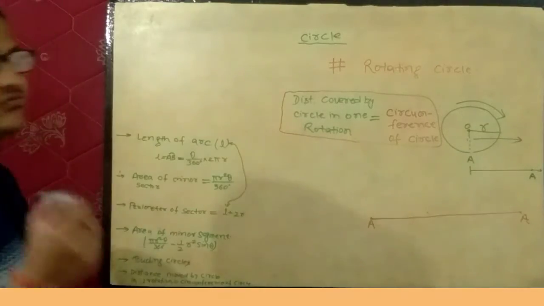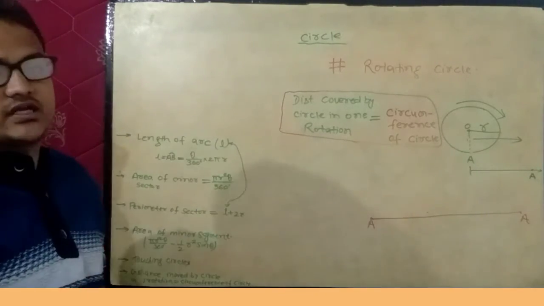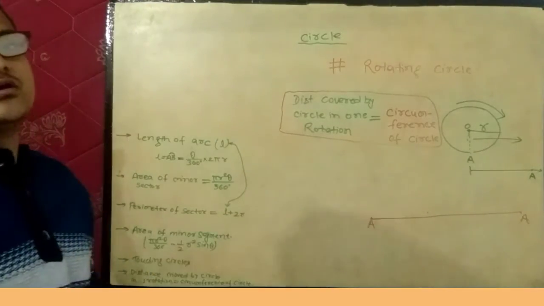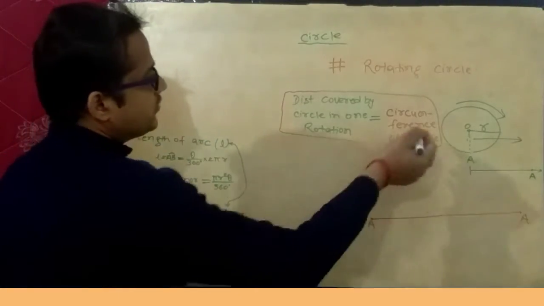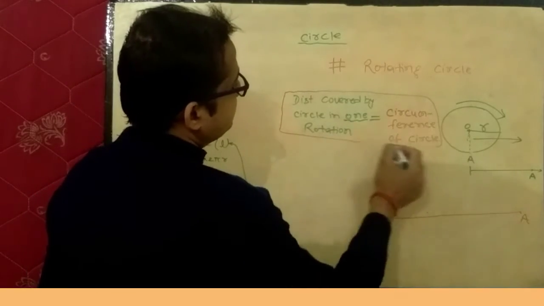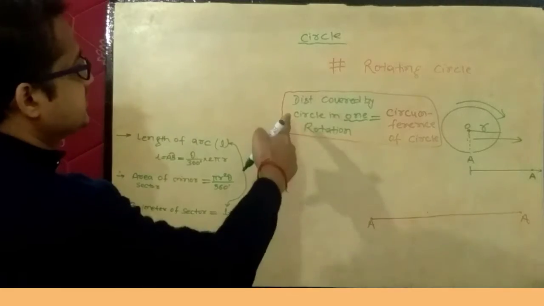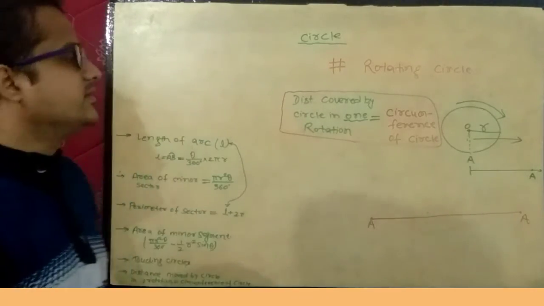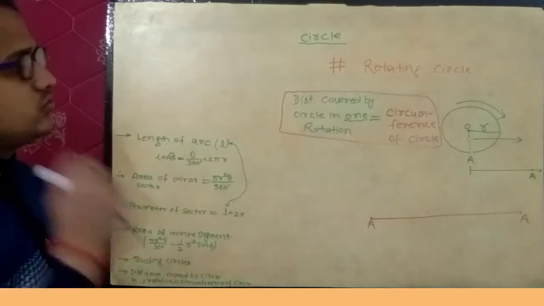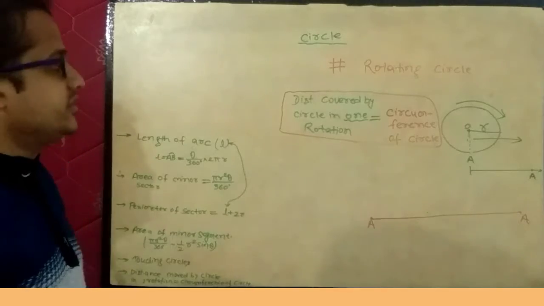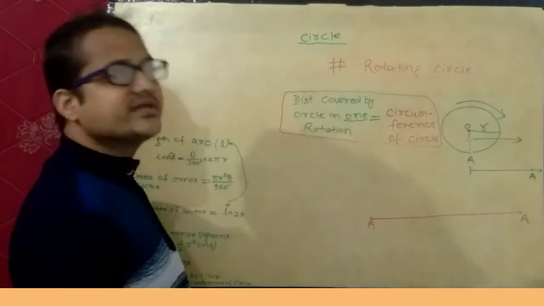If we have to find out the distance covered by this rotating circle having radius small r in two complete rotations, you will simply multiply this by 2. So distance covered by a circle in one rotation is equal to the circumference of the circle, then distance covered in two rotations equals 2 into circumference. In 3 rotations, 3 into circumference of the circle.